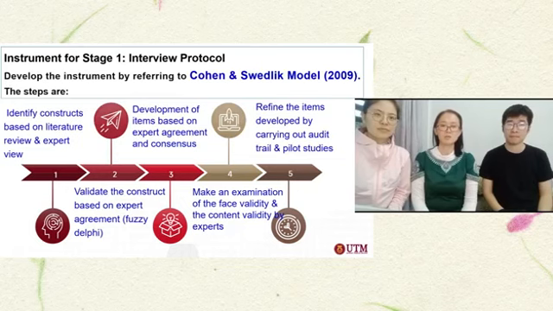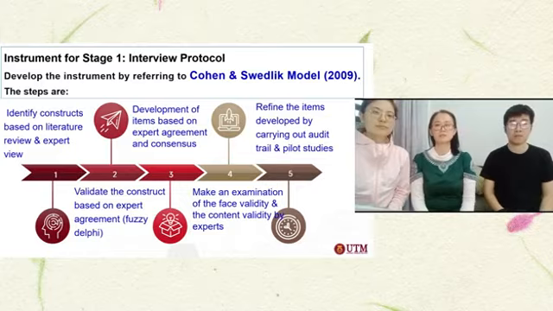The third step is to validate the constructs based on expert agreement as in Delphi. The fourth step is an examination of face validity and content validity by an expert. The fifth step is to refine the items by carrying out pilot studies.